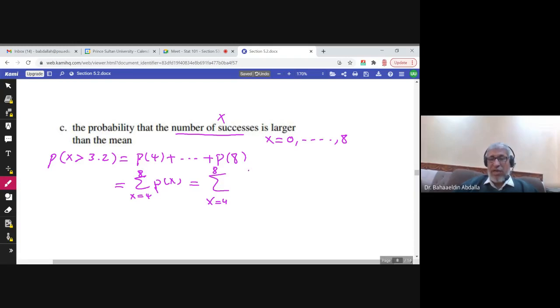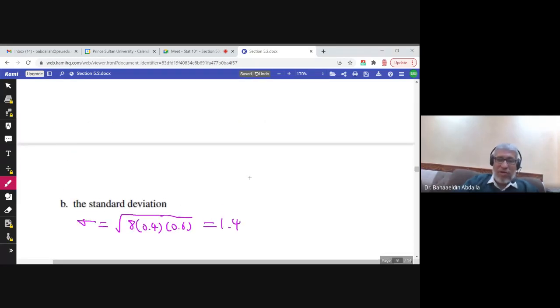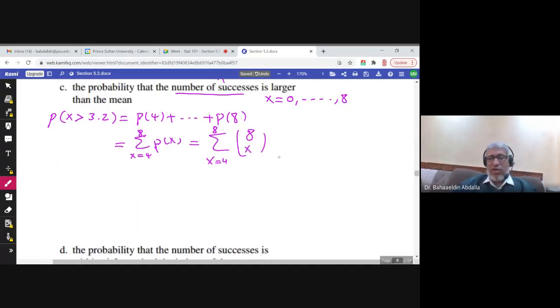What is the definition? N C x times p to the power x, what is p? I think 0.4. Yeah, 0.4, to the power x, times 0.6, which is 1 minus 0.4, to the power 8 minus x. Use the calculator and write the answer.